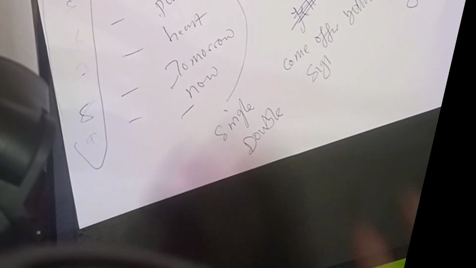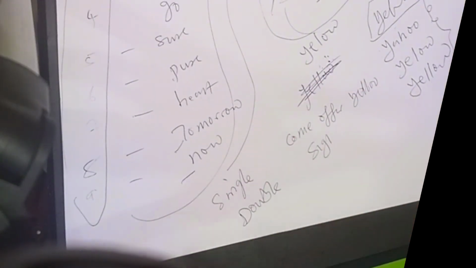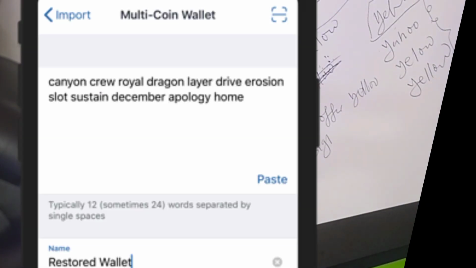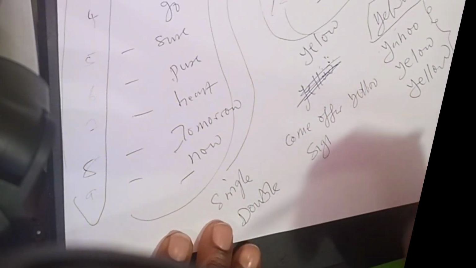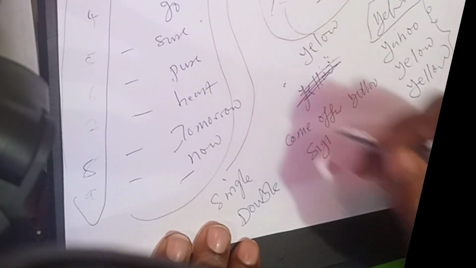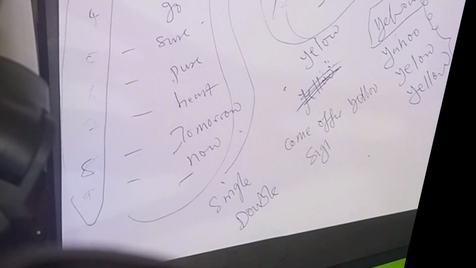The moment you put double, even if the entire seed phrase is correct, you won't be able to import your wallet. And that single mistake can make you lose access to your funds, just as it has happened in many cases. All right, so in most cases, one or two of these scenarios occur while most users are trying to import their wallet. As we go on with the video, I'm going to review more.